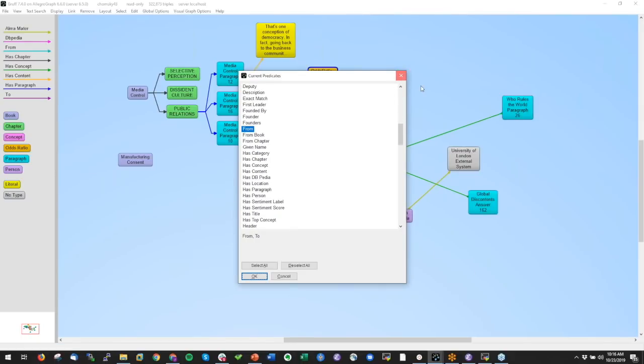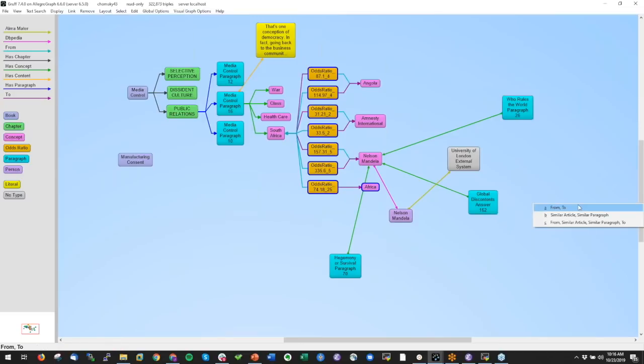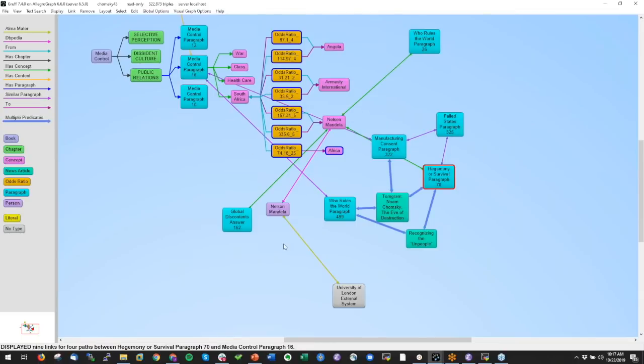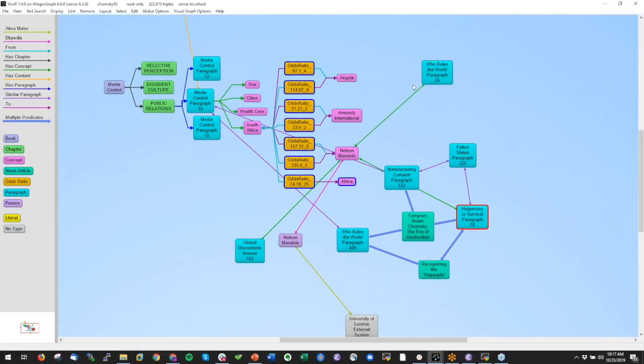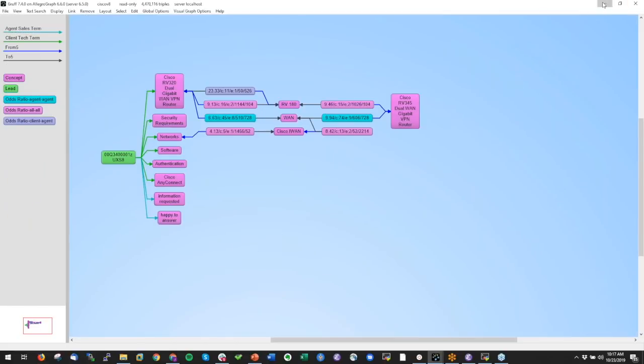Let's actually do it in a different way. Similar article, similar paragraph, and I don't know if there's actually a link available. Oh yeah, so we can even go from a particular term and say, how is a particular paragraph in this book similar to, say, a paragraph in Media Control? Anyway, this is a very quick demo to give you a simple idea of how we build knowledge graphs using NLP techniques.